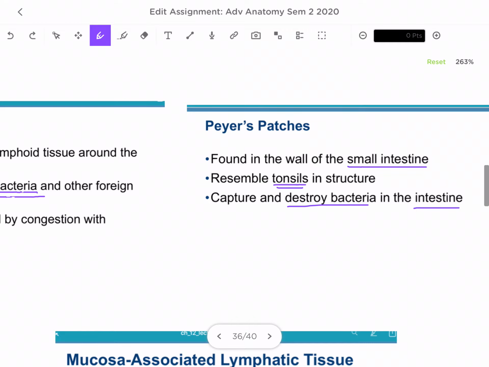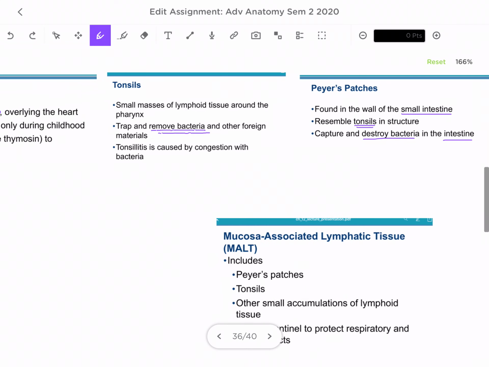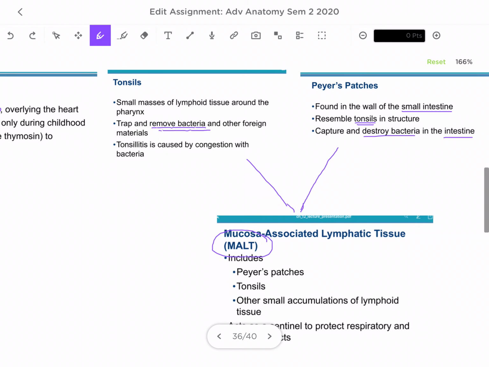Now, one more thing I want to mention before I sign off is that your tonsils and Peyer's patches are both mucosa-associated lymphatic tissue. And those are referred to as MALT, as the acronym. And if you remember, mucous membranes line body cavities that open to the exterior of the body.